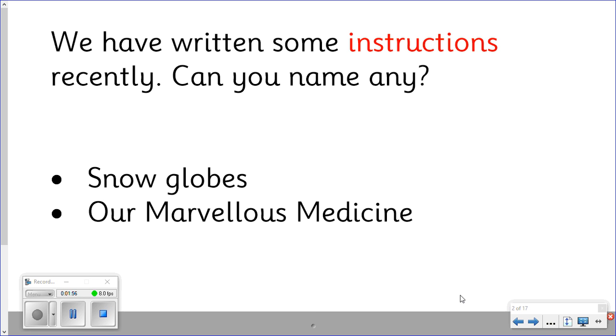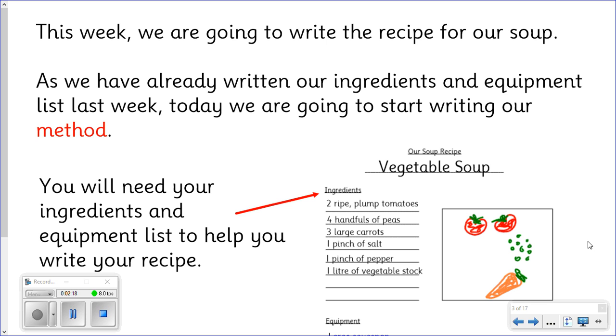You wrote a recipe for your own marvellous medicine based on the story that we've been reading this half term, George's Marvellous Medicine. So you're already experts at writing instructions. So today's work and tomorrow's work, because this lesson is going to go over 2 days, should be easy peasy, lemon squeezy. So let's have a look at what we're going to do.